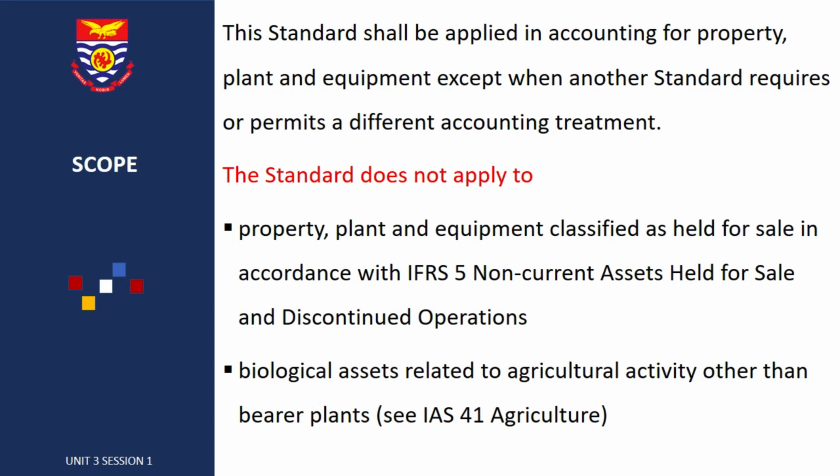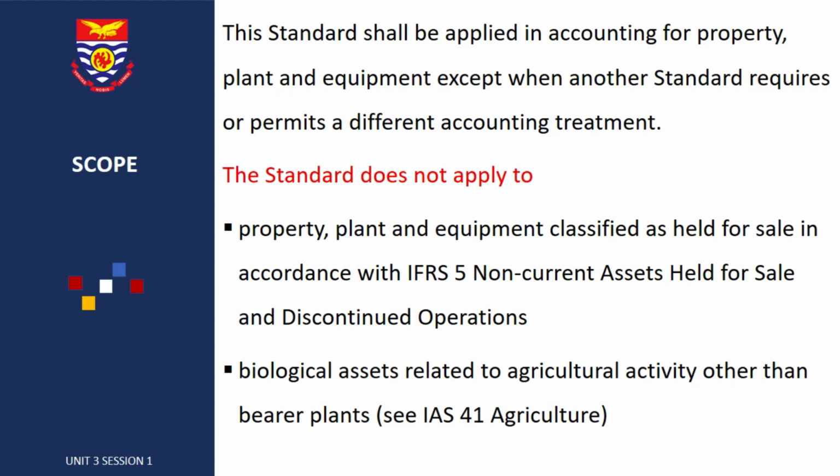So when the asset is being held for sale, the standard that deals with it is IFRS 5. Though it is property, plant, and equipment, you apply IFRS 5 because of how it has been classified, instead of applying IAS 16. B. We have biological assets related to agricultural activity other than bearer plants.